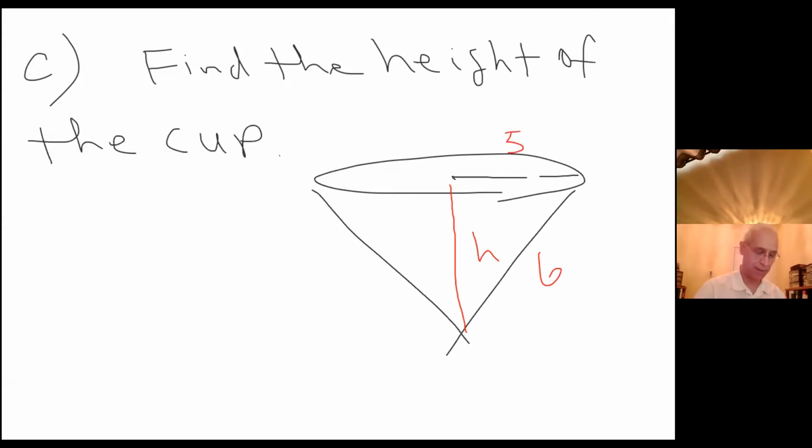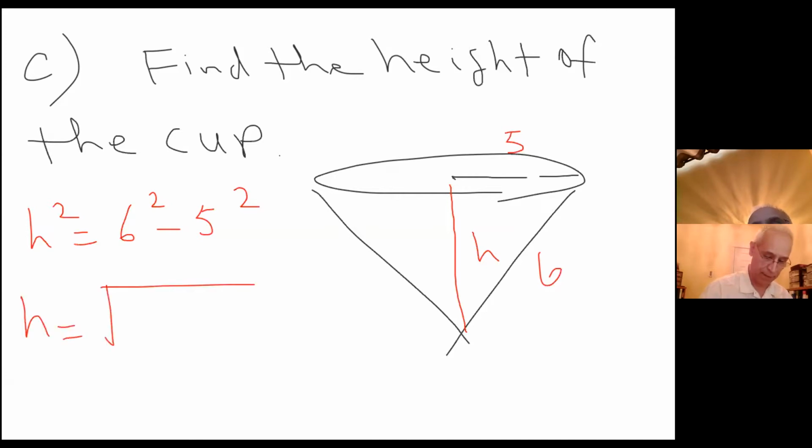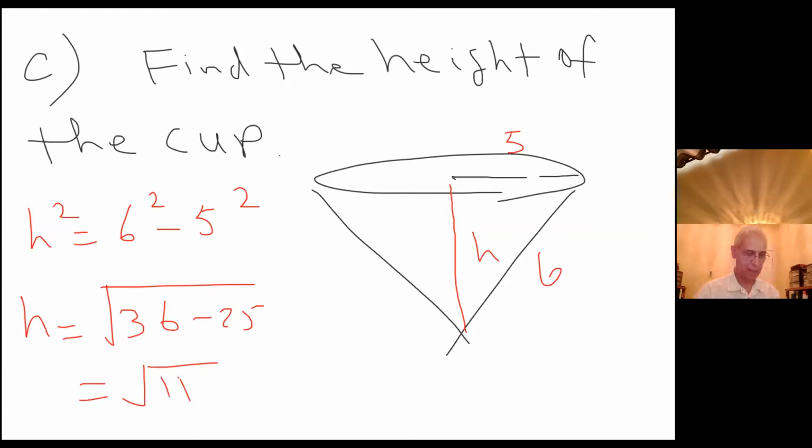So h squared equals 6 squared minus 5 squared, using the Pythagorean theorem. So h equals the square root of 36 minus 25, which equals the square root of 11. And that's centimeter again.